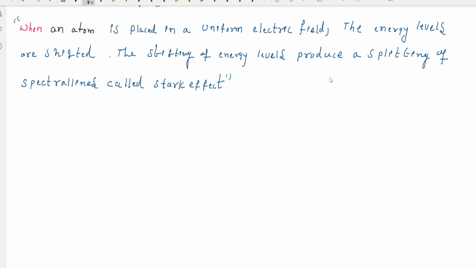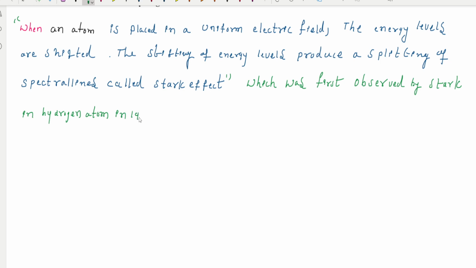Such type of effect, first of all observed by Stark, we can call the Stark shift, which was first observed by Stark in hydrogen atom, especially in 1913.